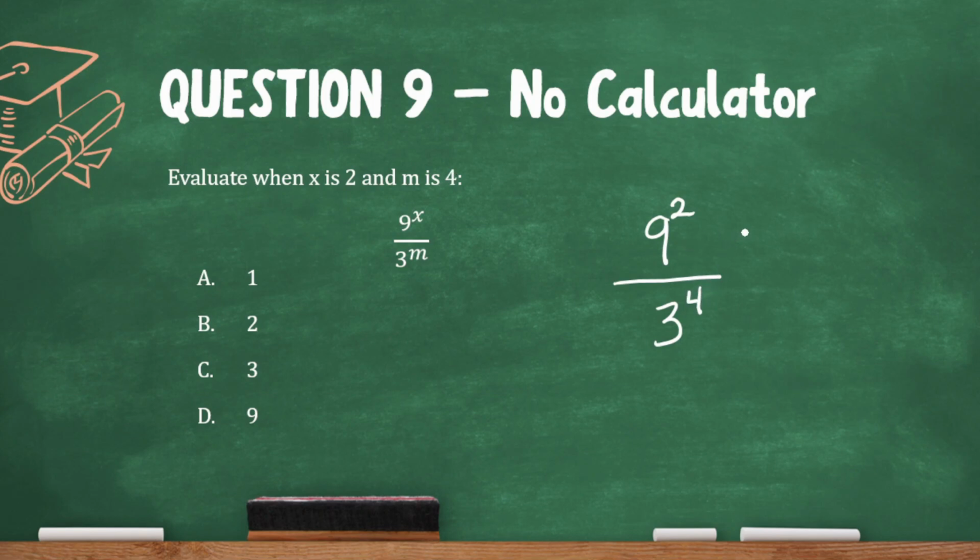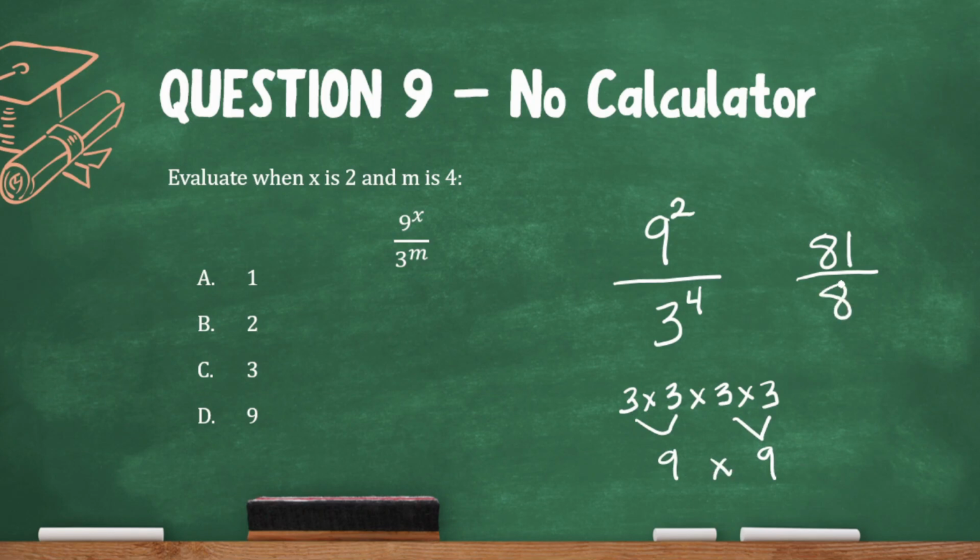I'm just going to multiply this out and see what happens. 9 times 9 is 81. And then 3 to the 4th means 3 times 3 times 3 times 3. So 3 times 3 is 9, 3 times 3 is 9, and 9 times 9 is 81. And 81 divided by 81 is just 1.